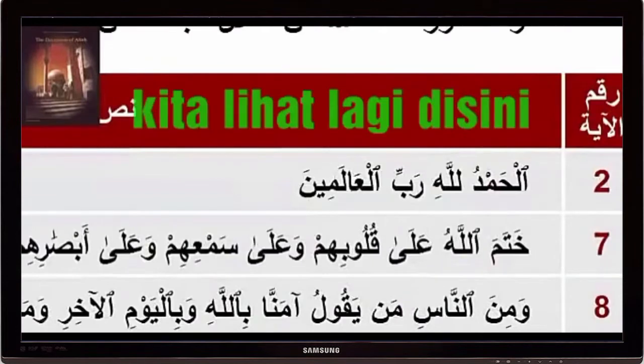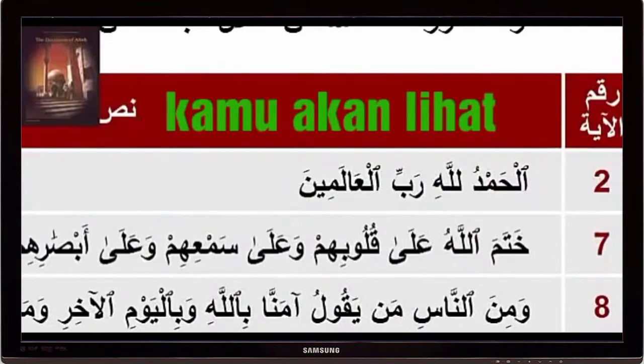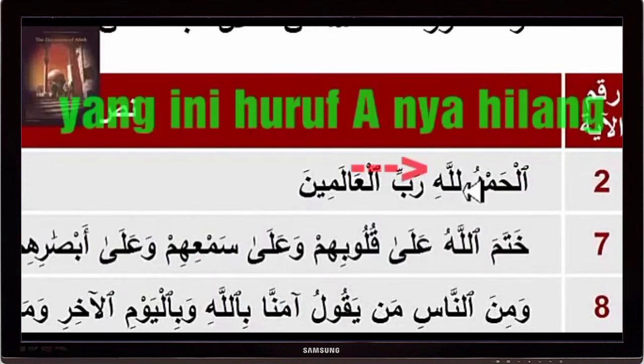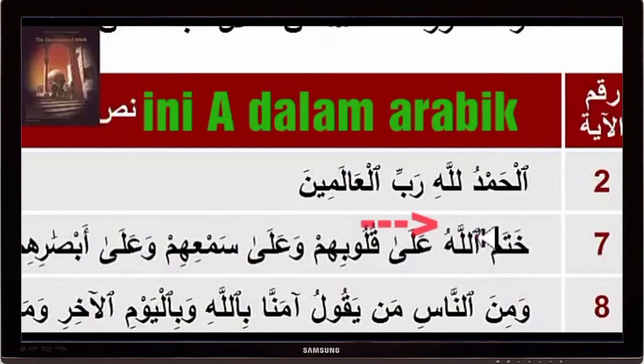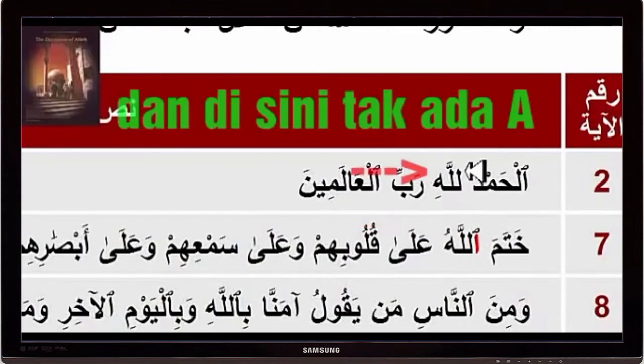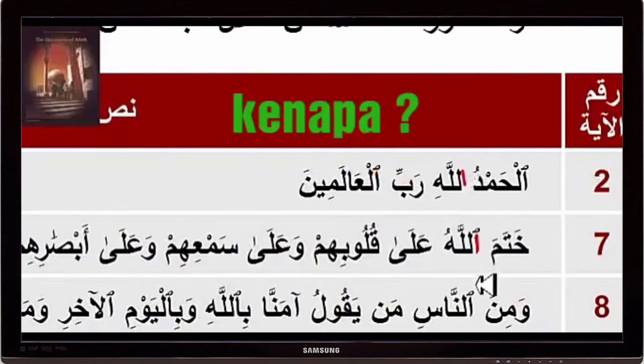If we look again here, we will see that there is a missing A. And the missing A is simply this one. This is A in Arabic. In here, we don't find it. You know what I mean? So what happened?